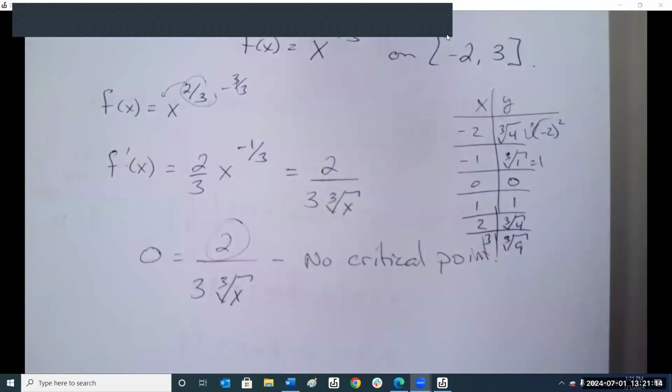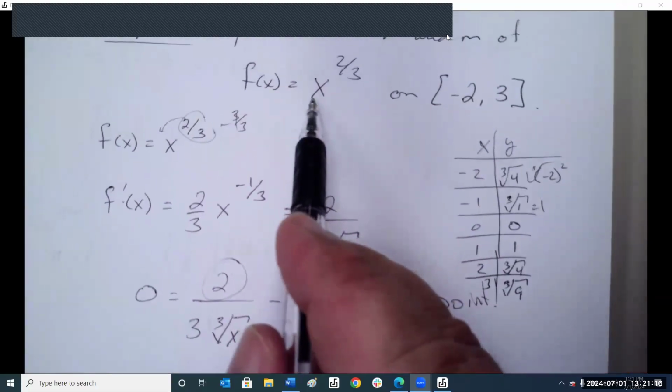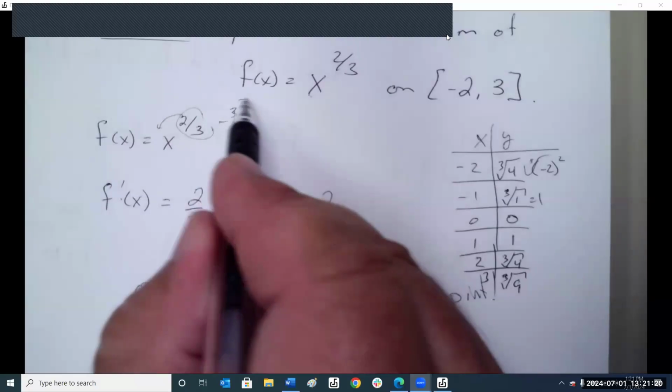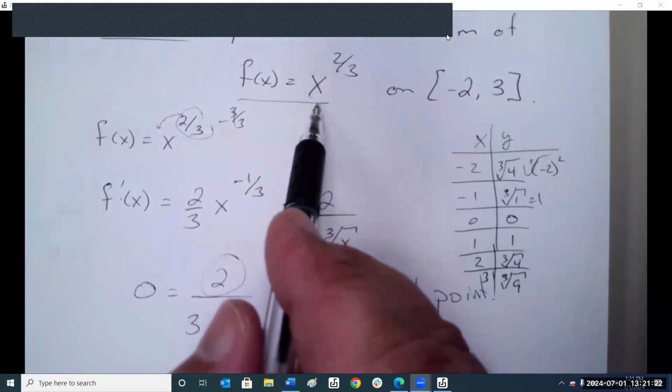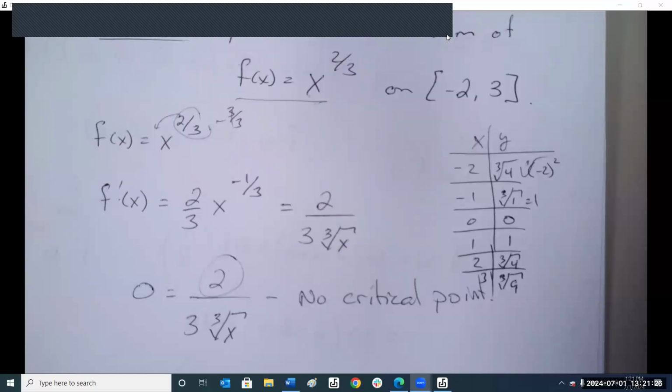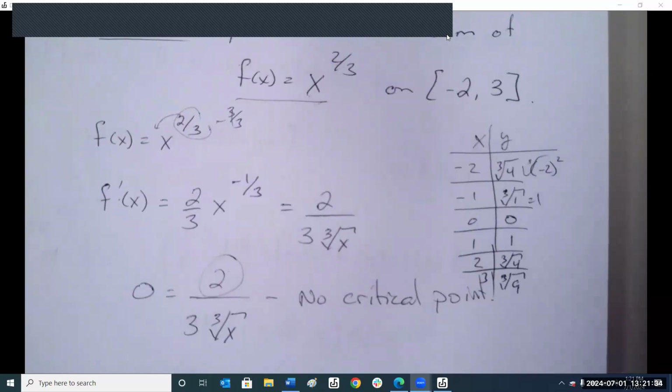The graph has a sharp point at 0, which is interesting.